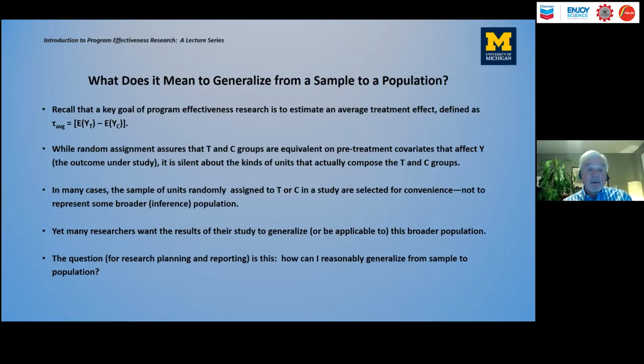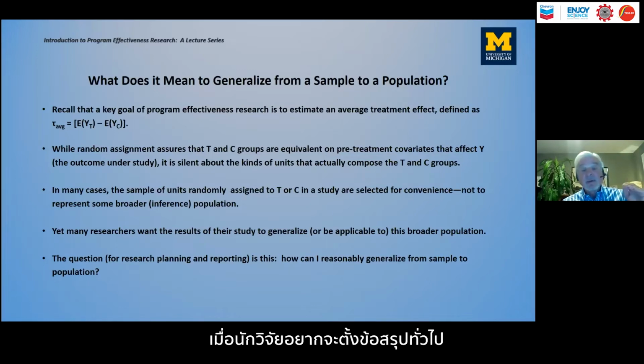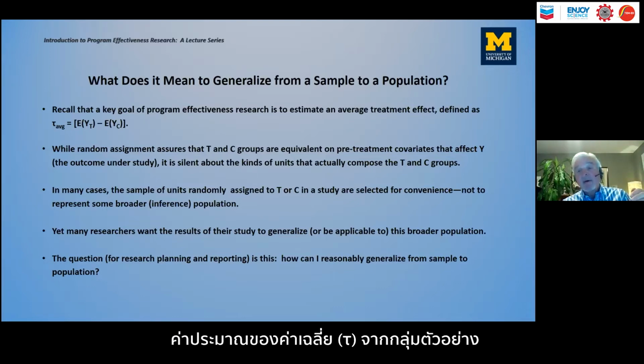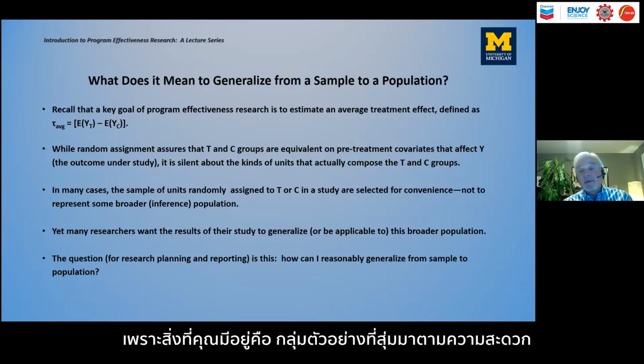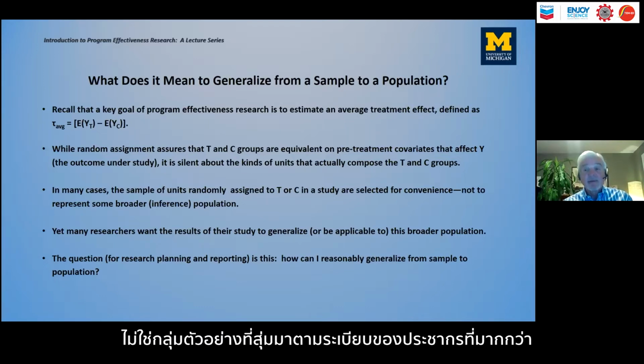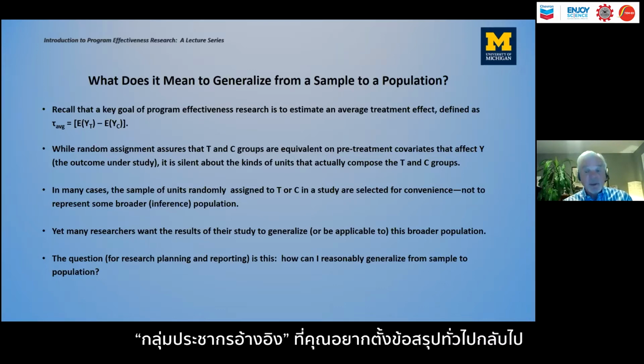And so that makes it a problem when researchers want to generalize the results of their sample, their estimate of tau average from their sample, and say it is what could be expected in some broader population, because what you have is a convenience sample, not a disciplined sample of the broader population, the inference population to which you wish to generalize.